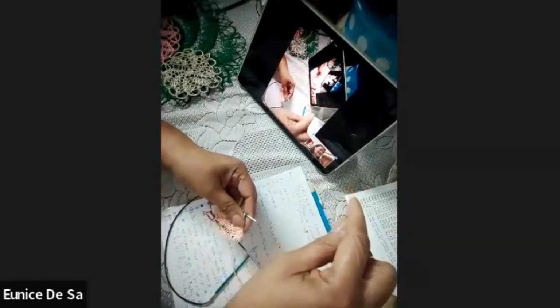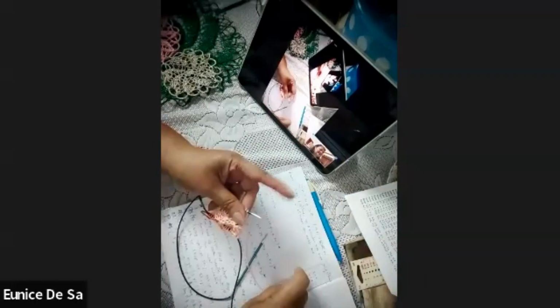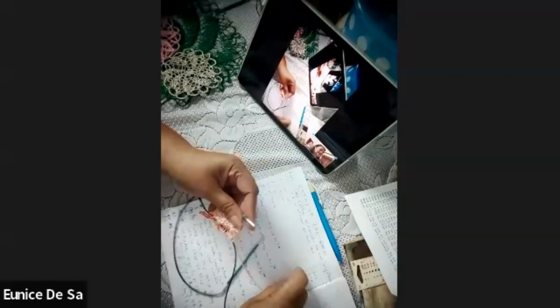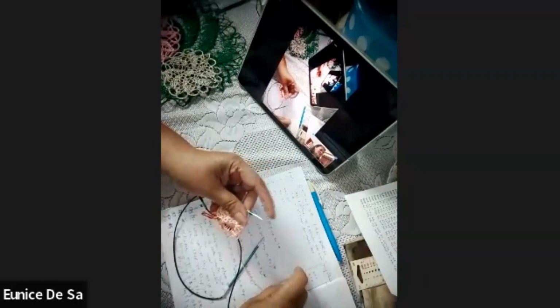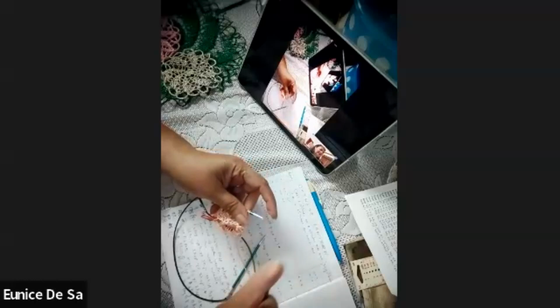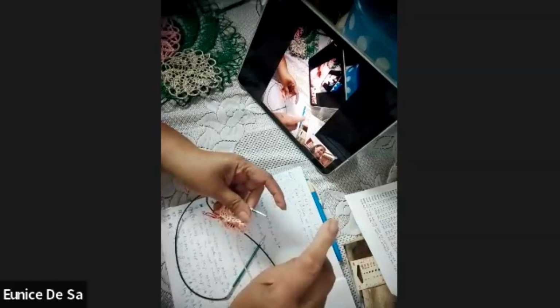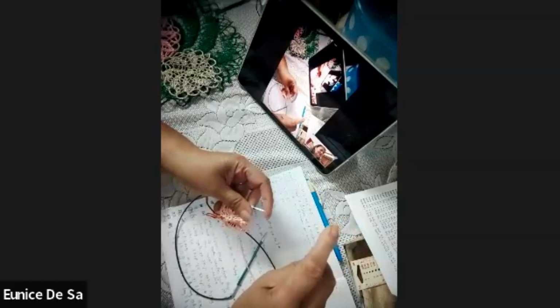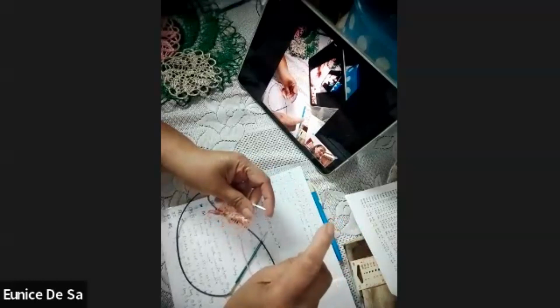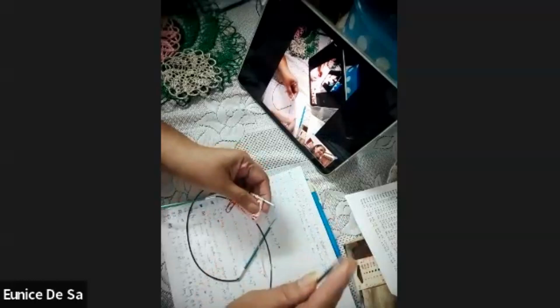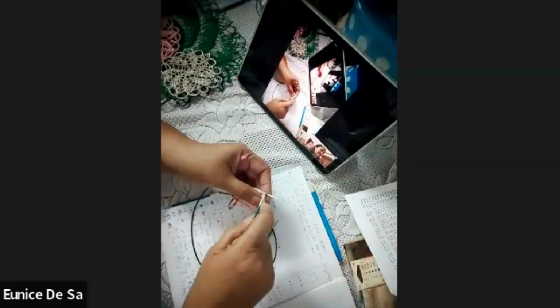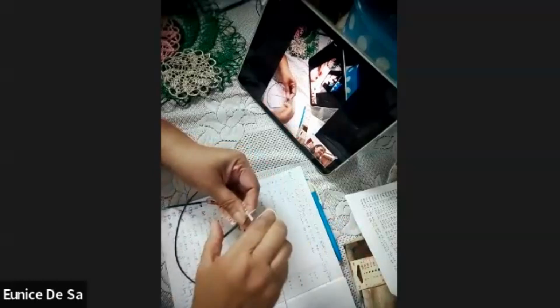This is needle number 1 and this side is needle number 2, right? Now I have to take one stitch from number 2 and put it on number 1. Understood? So I'll take needle number 1 and do the first stitch. I'll knit the first stitch.